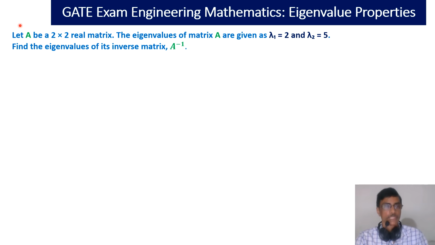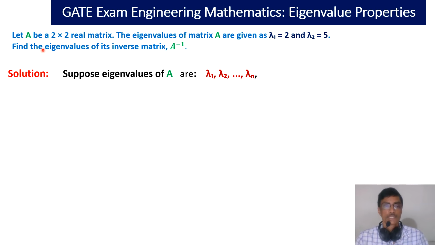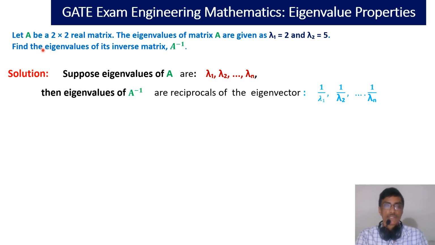Now the solution is, suppose the eigenvalues of A are lambda 1, lambda 2, up to lambda n. Then the eigenvalues of A inverse are the reciprocals of the eigenvalues of A, which is 1 by lambda 1, 1 by lambda 2, up to 1 by lambda n.